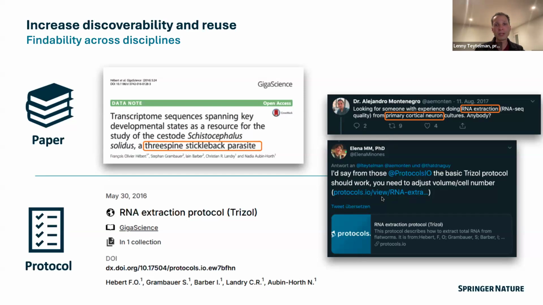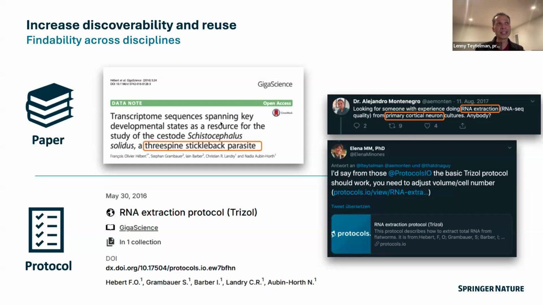And what I love about this example is that if you look at this protocol, it's actually from this GigaScience paper on parasites of three-spine stickleback fish. And what's amazing is that the scientist who's looking for it is looking for a protocol for cortical neuron cultures.